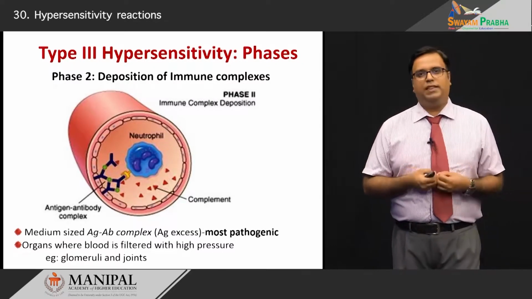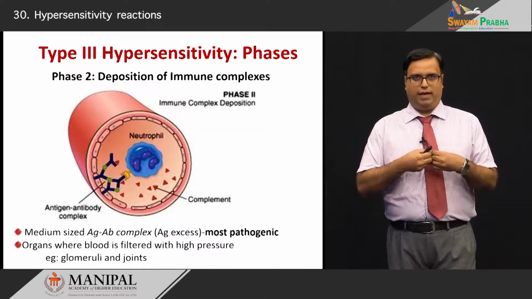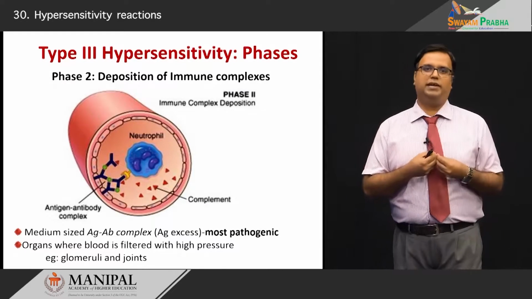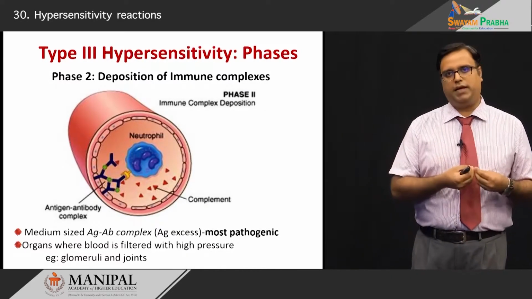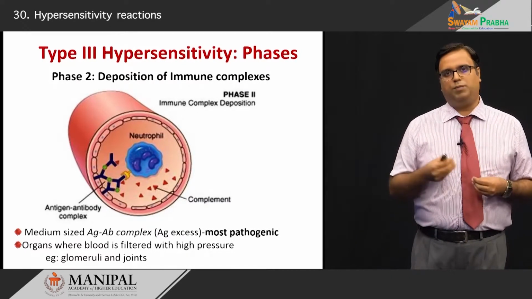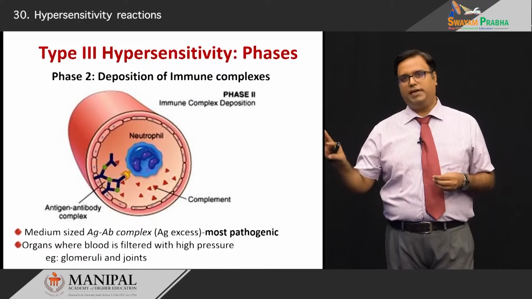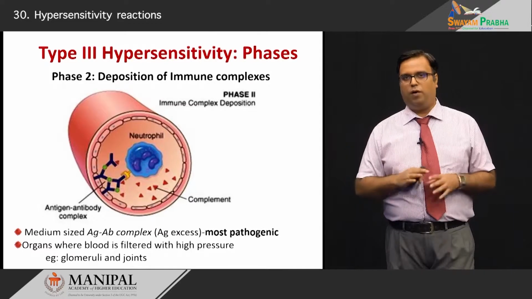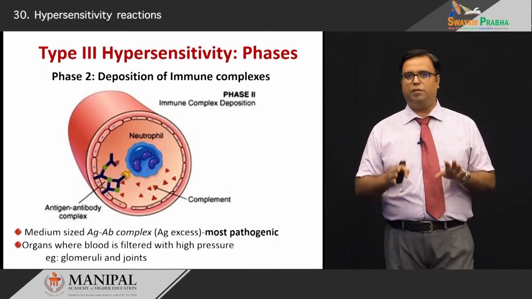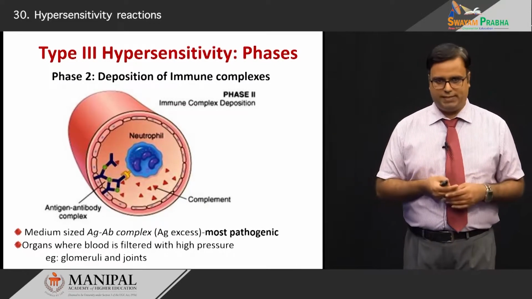It is seen that when the antigen antibody complex has a larger component of an antigen, or antigen excess IC as it is called, it is supposed to be more potent in triggering this particular response. An antibody excess may not be that important, or the same level of antigen antibody may not be as important as antigen excess.